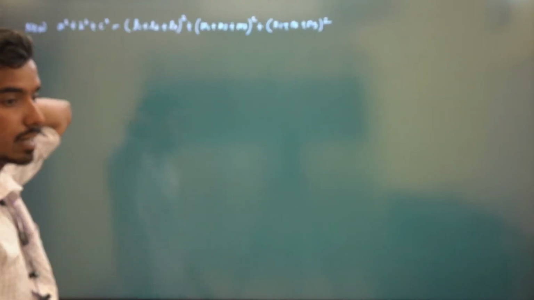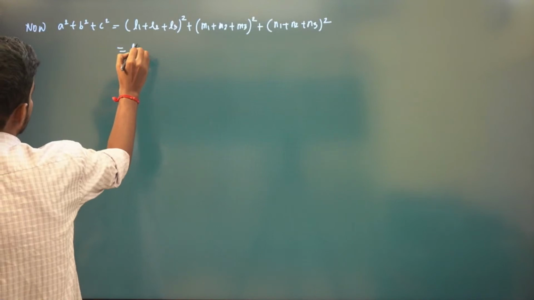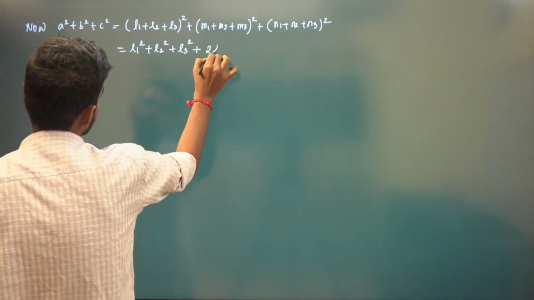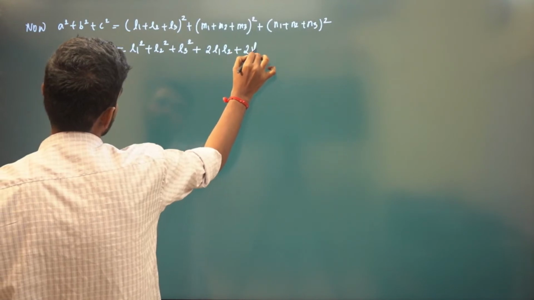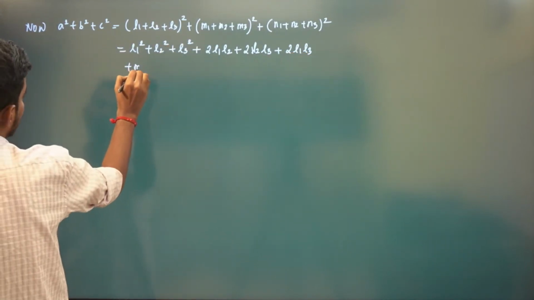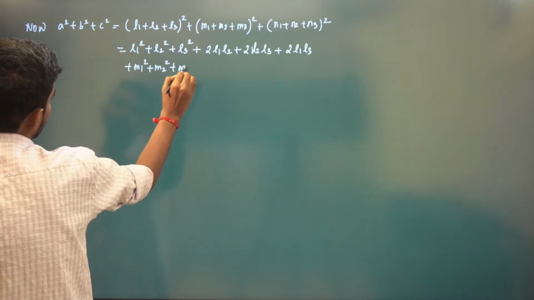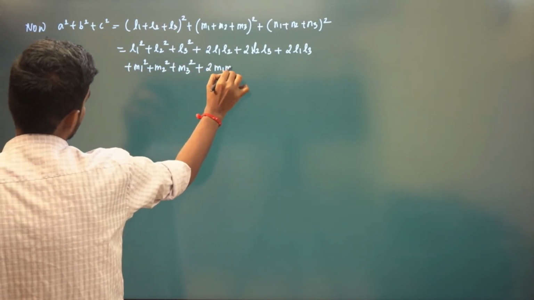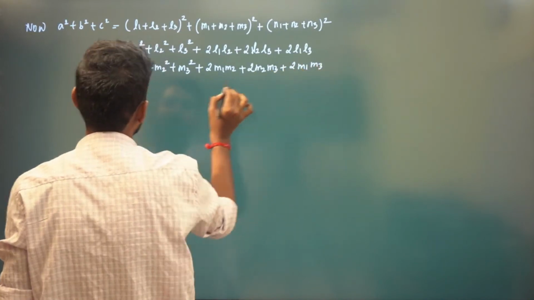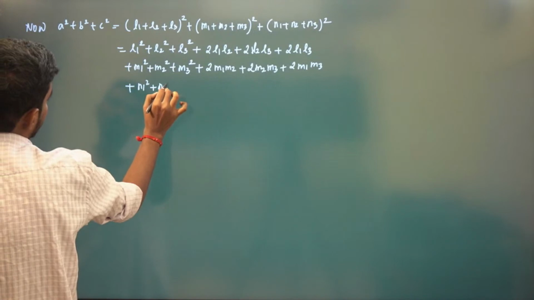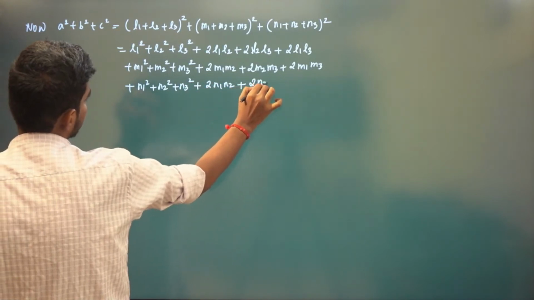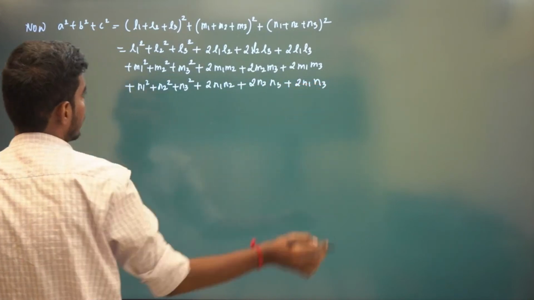This is our L, M and N. So this is L1 square plus L2 square plus L3 square plus 2 times L1 L2, 2 times L2 L3, 2 times L1 L3, and M1 square plus M2 square plus M3 square, 2 times M1 M2, 2 times M2 M3, 2 times M1 M3, plus N1 square, N2 square, N3 square, 2 times N1 N2, 2 times N2 N3, 2 times N1 N3, right?